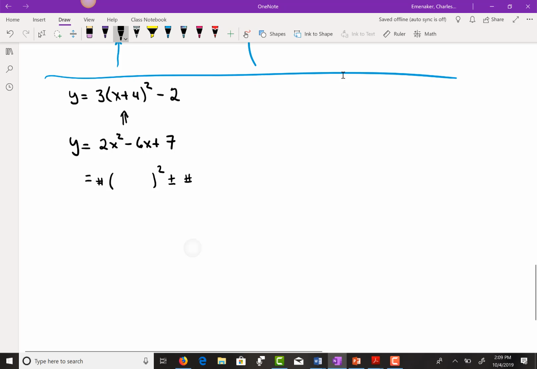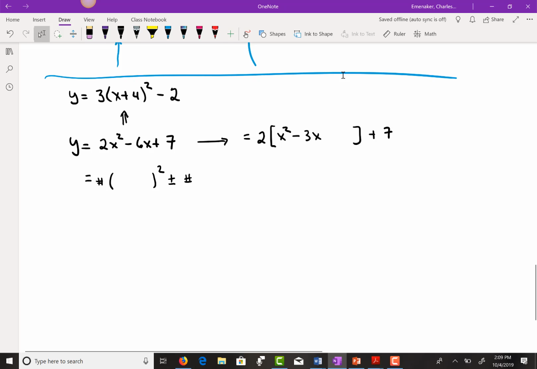Well, the way we're going to do that is take the 2, factor it out of part of this, and then we're going to throw the plus 7 out back in the backyard or out in the garage, wherever you throw things that you're trying to get out of the way. Okay.